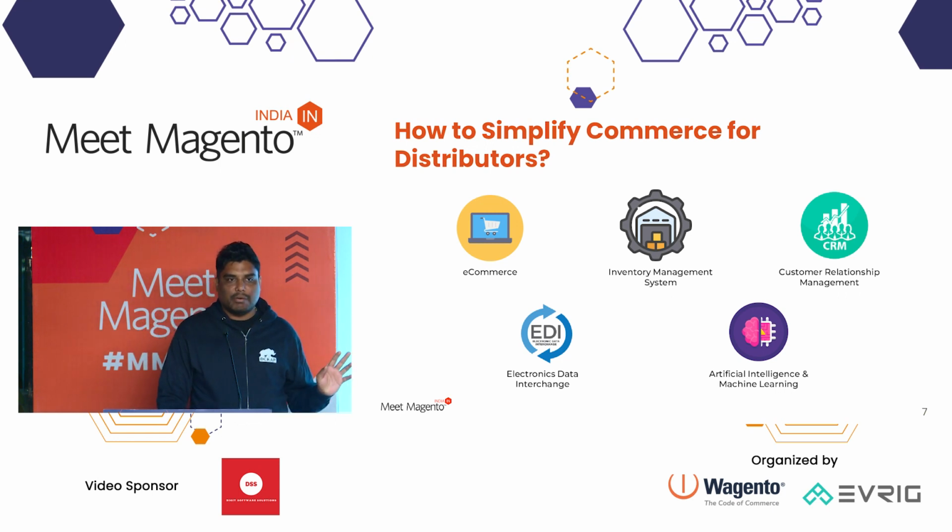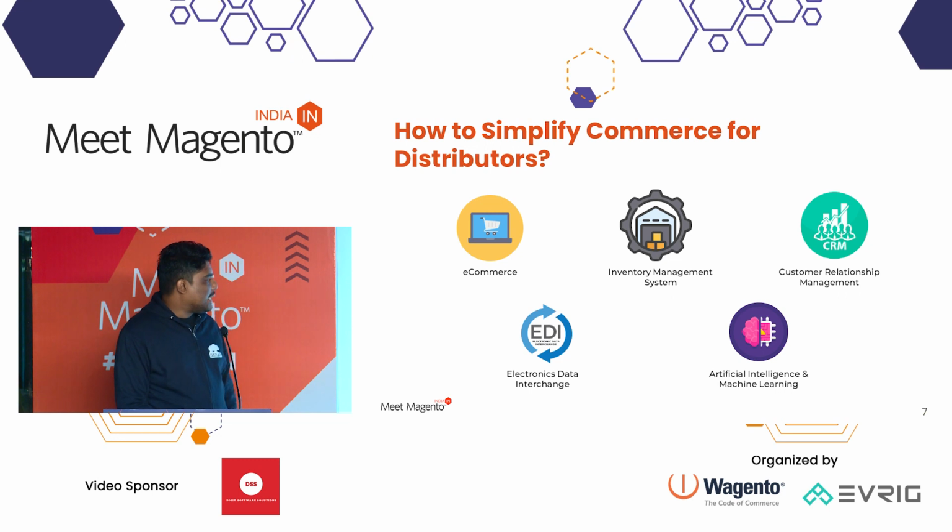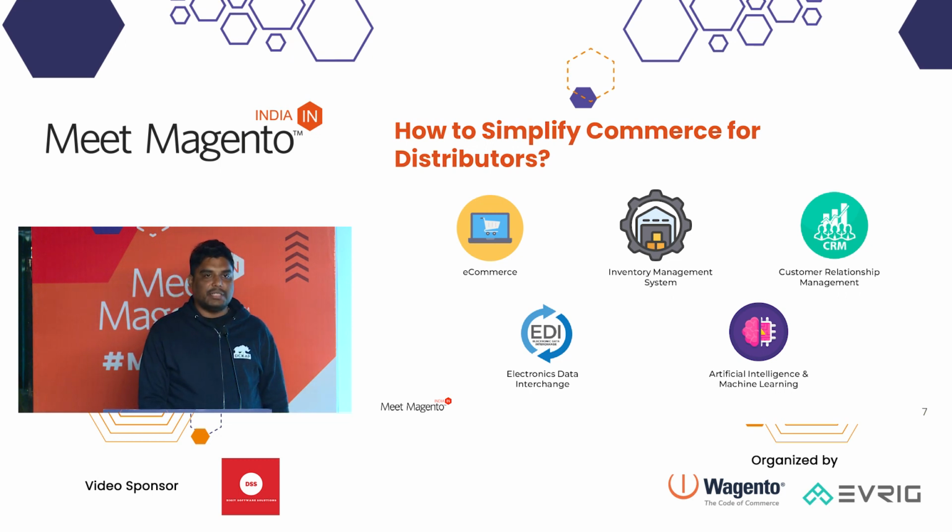So it's very difficult for distributors if they are not disrupted, especially in the large markets: auto parts, electrical and general industries. They are at high risk if they are not disrupted. I think some of you also work with these customers, and can see how you can help them simplify commerce.